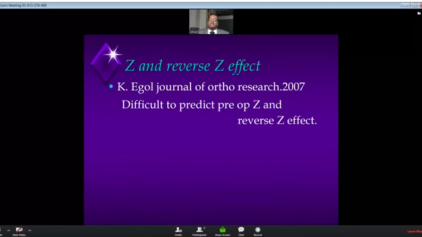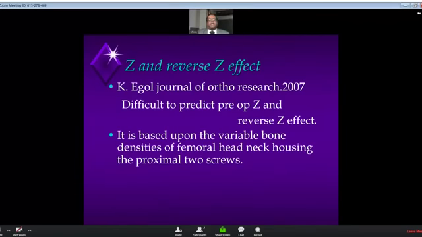K. Egol in the Journal of Orthopedic Research in 2007 has beautifully described this Z effect and reverse Z phenomena. It's based upon variable bone densities of the femoral head and neck housing the proximal two screws. That is one of the reasons he contemplates. The femoral head has various densities at different parts.